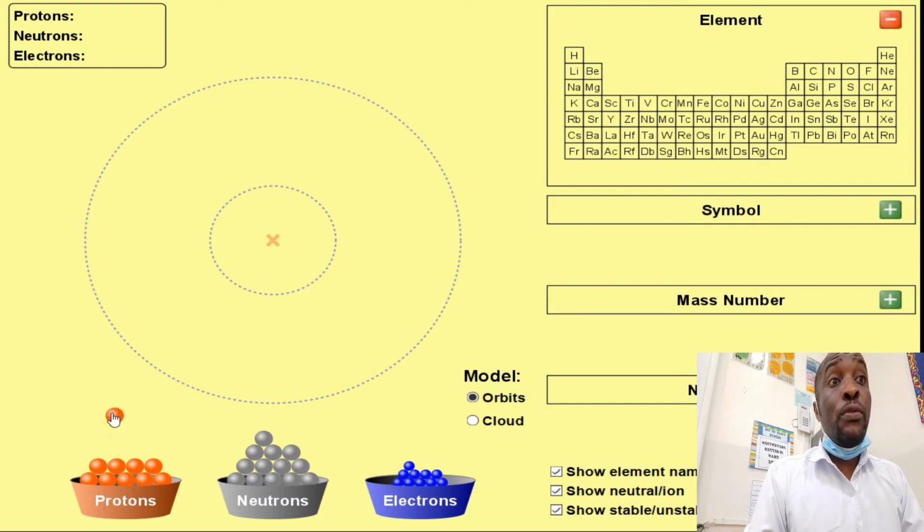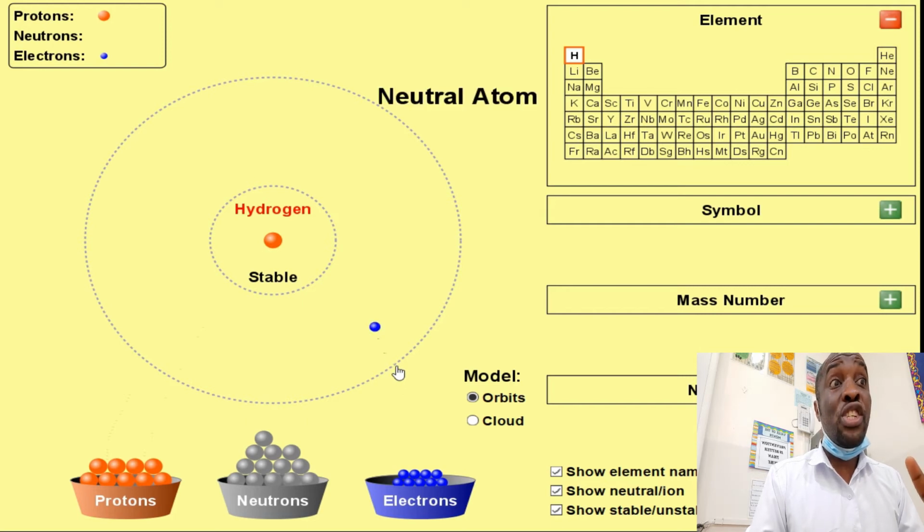So if we try to fit in a proton on a shell, it doesn't find its place there. So we take it into the nucleus of the atom. We have what? An ion, which is hydrogen. So we bring in an electron, and this electron goes to the first shell.